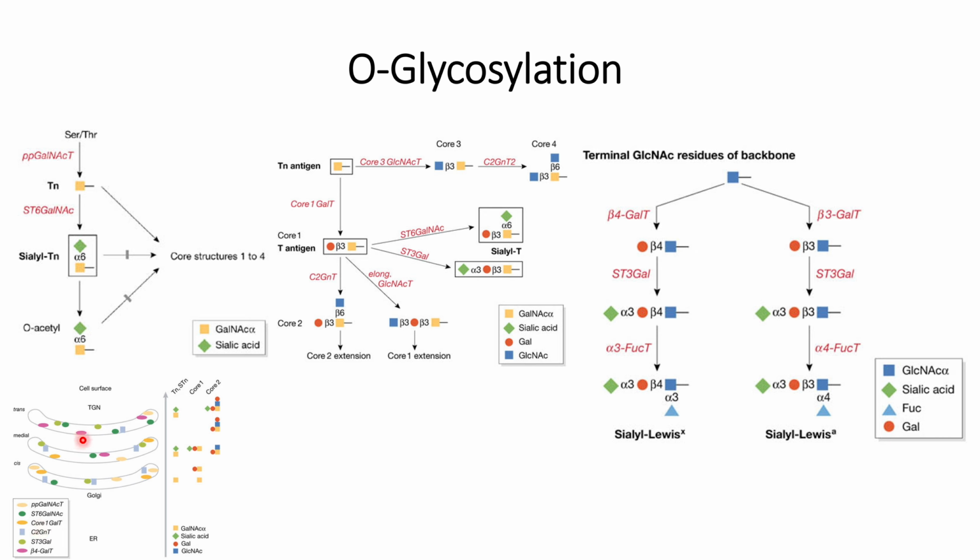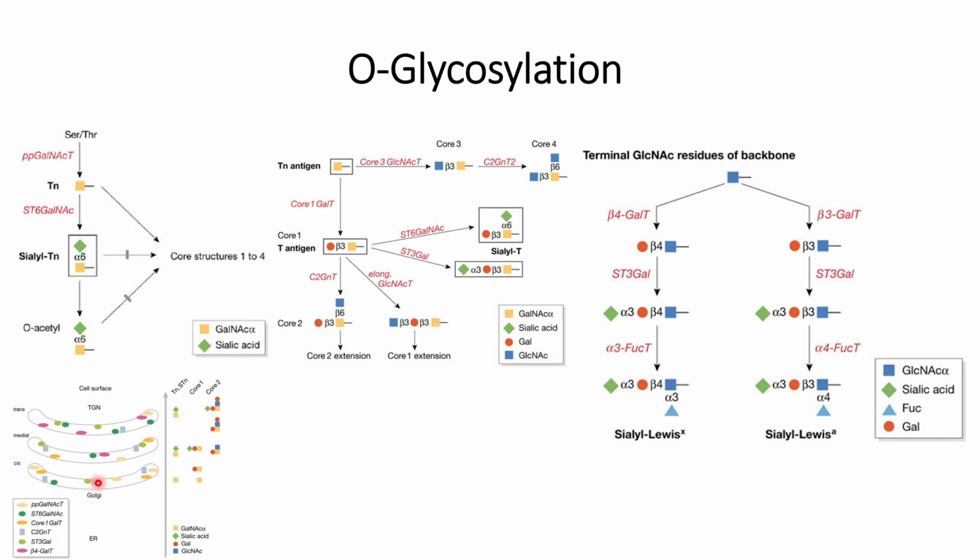And in the top one, the amount of ST6 galNAc increases and PP galNAc-T decreases, and ST3 Gal also increases, and along with that B4 GalT also increases.